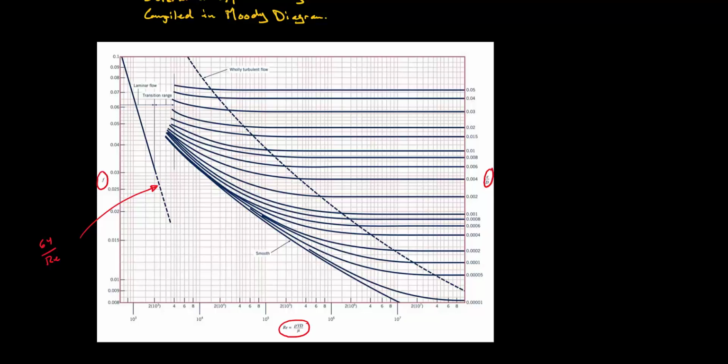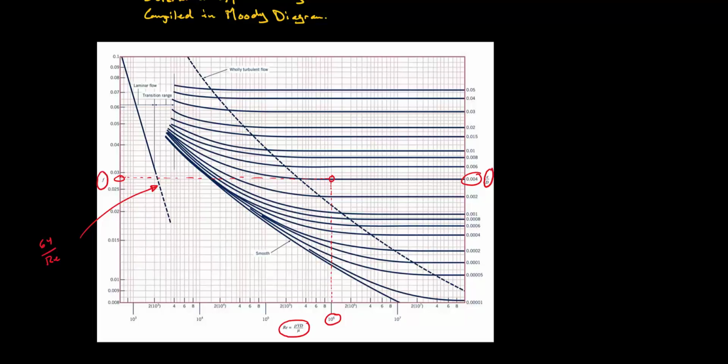So, for example, if we have a Reynolds number of 10 to the 6 and a surface roughness of, let's say, 0.04 over here, we just draw a line going up to this intersection over here, and then we look left to our intersection with the principal y-axis, allowing us to find the friction factor at a given Reynolds number and surface roughness.